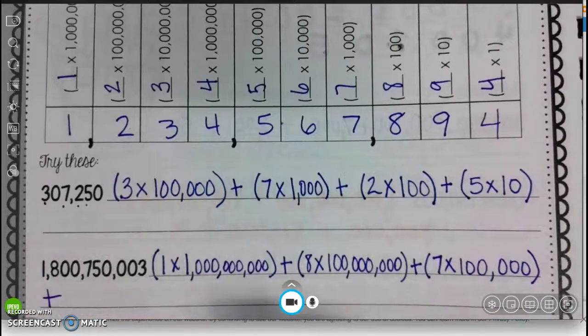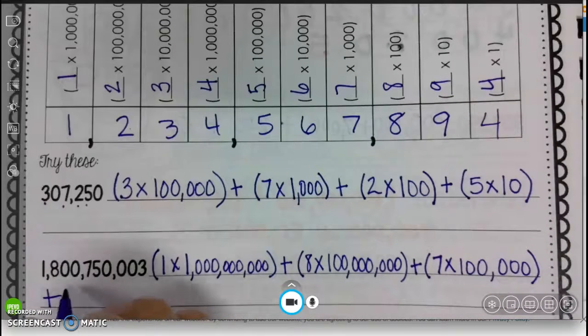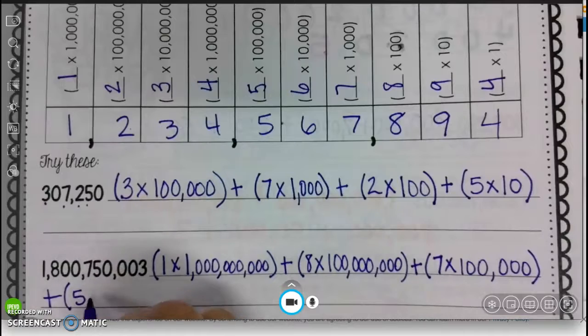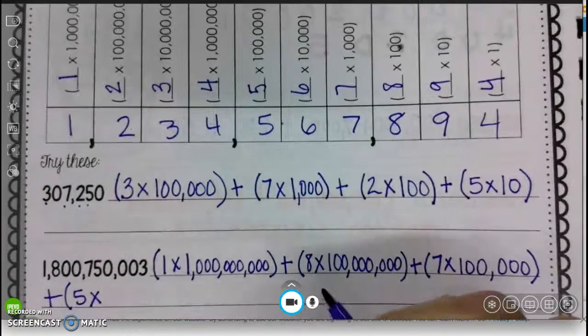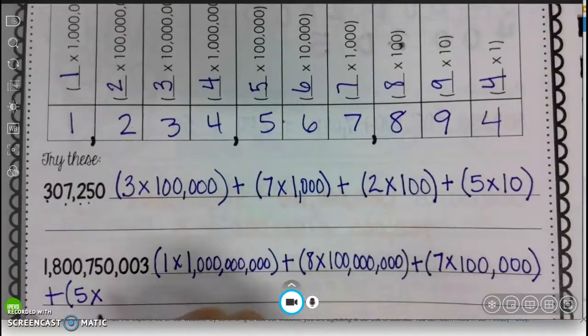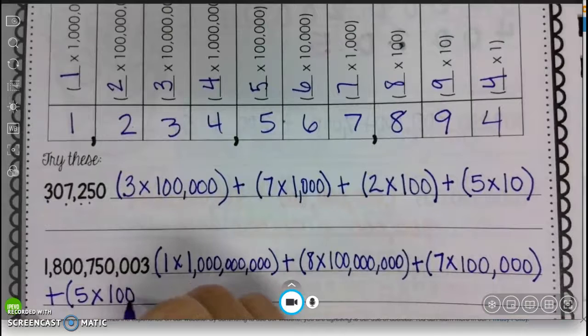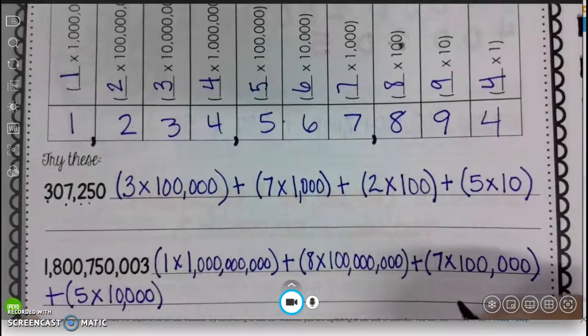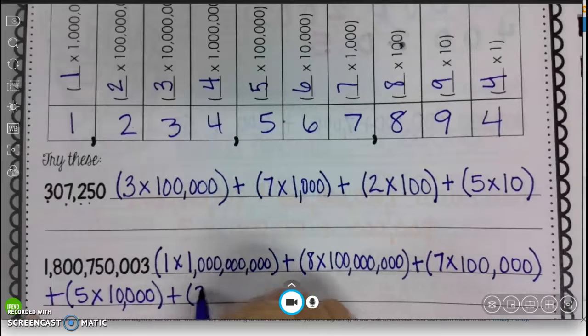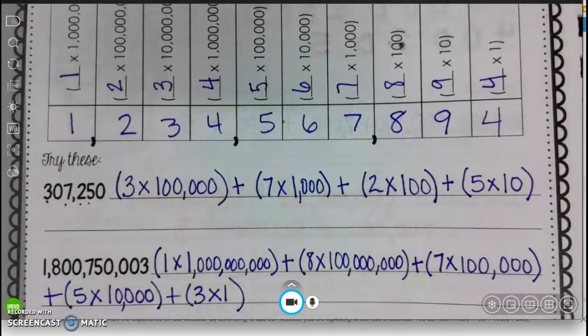Plus, I'm going to have to come down here because I don't have enough room. The next digit is the 5. 5 times what? 10,000. Close your parentheses. Plus 3 times 1. And there you go. You're done.